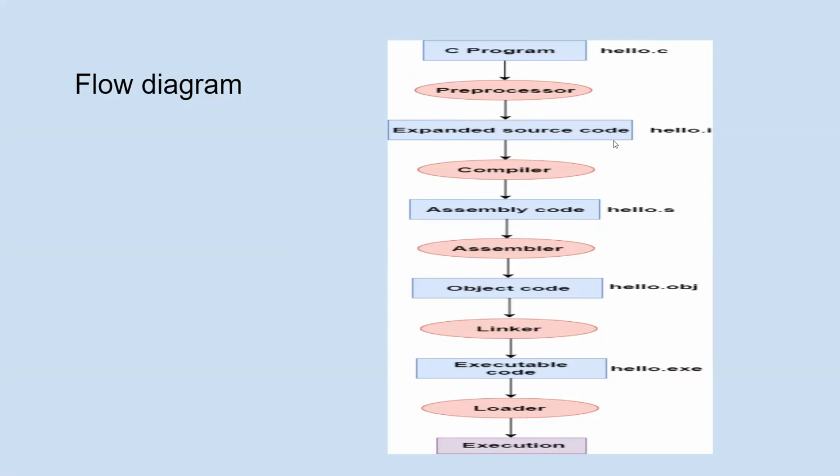Then this expanded source code is passed to the compiler, and the compiler converts the expanded source code into the assembly code, which would be hello.s.